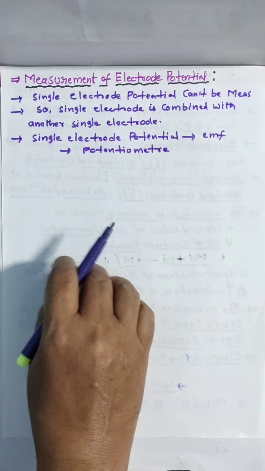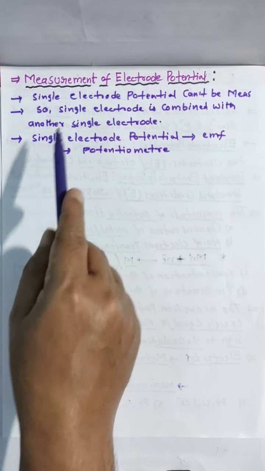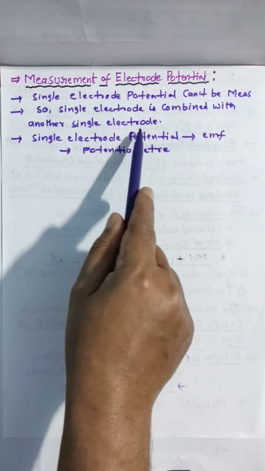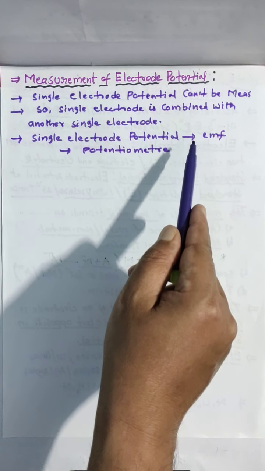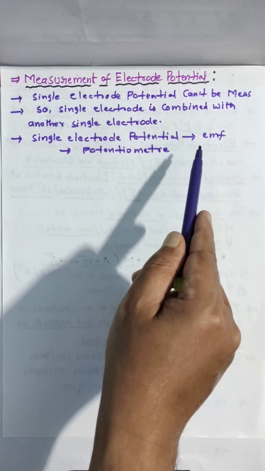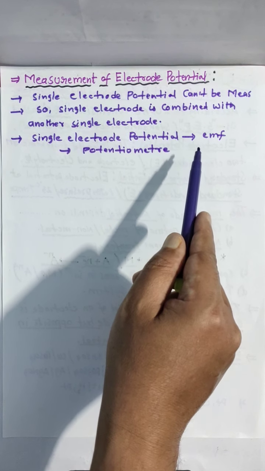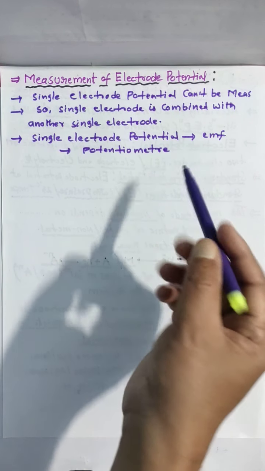Remember, when a single electrode is connected with another single electrode, a second single electrode, the EMF of the cell is determined by using the potentiometer.